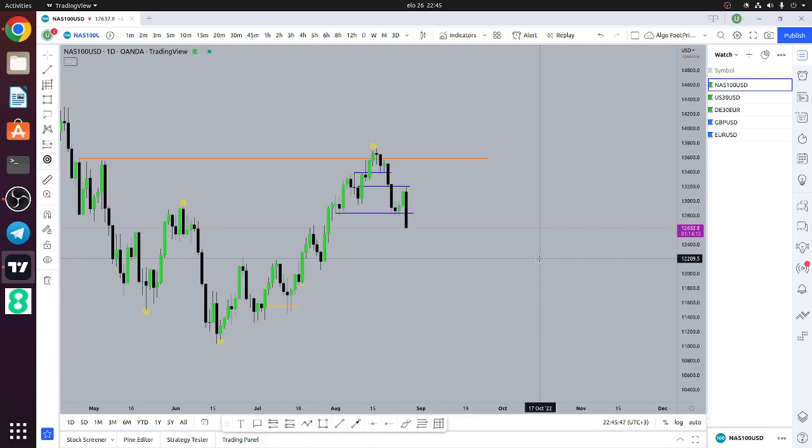So basically, in the morning during London, I look for setups on the DAX, GU, or EU, either one of the two. The reason why I trade GU, EU, and DAX is that the DAX is a European index, GBP is a European currency, and EU is a European currency.